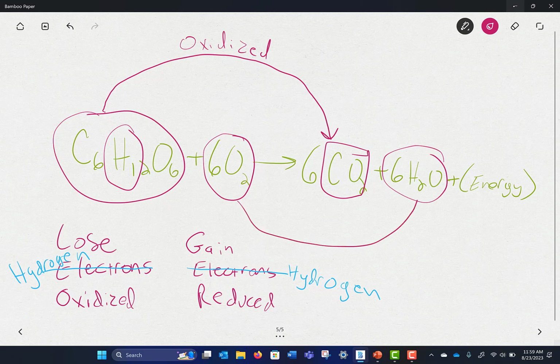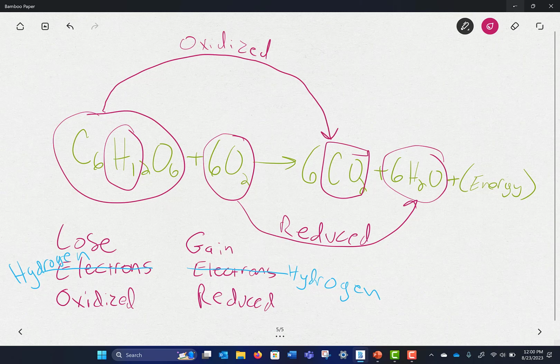So during this reaction, we gained hydrogen. We say oxygen was reduced to water. There's our oxidation reduction reaction. Losing electrons, or in this case hydrogen, is oxidation. Gaining electrons, hydrogen, is reduction.